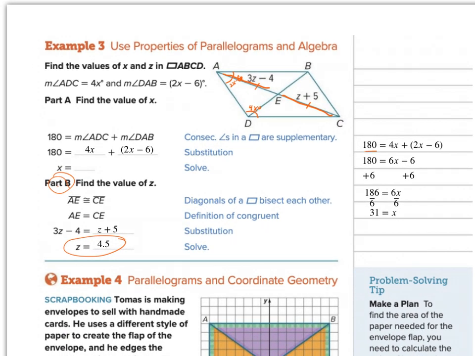So we can do the substitution to solve, combine like terms, bring down my -6, add 6 to both sides. 186 is equal to 6x, divide by 6, and then we find out that x is equal to 31. Okay, so there are a couple of extra steps in here they didn't give us. So just keep that in mind using those characteristics.